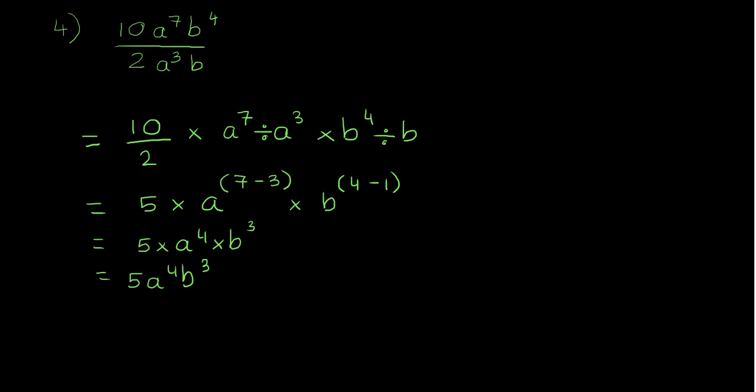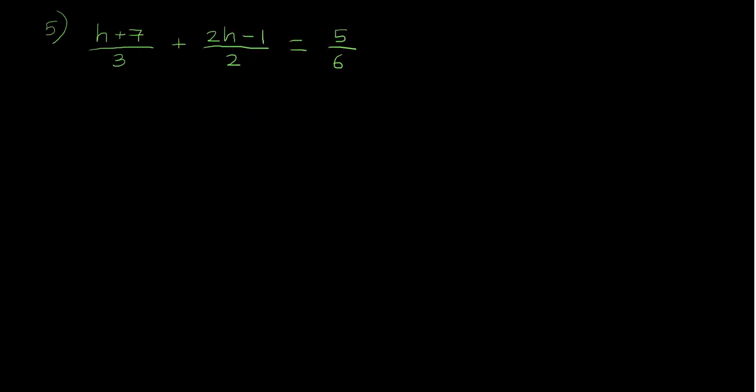Next question, question number 5. Ooh, this is a long equation. Again, we've got two fractions on the left: (h plus 7) over 3 plus (2h minus 1) over 2, and that's equal to 5 over 6.